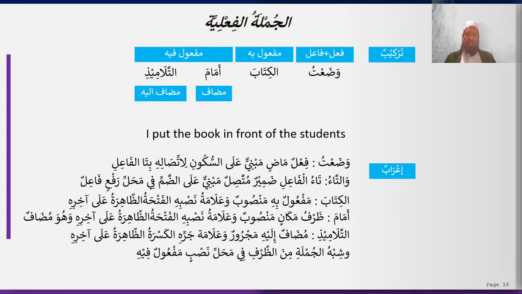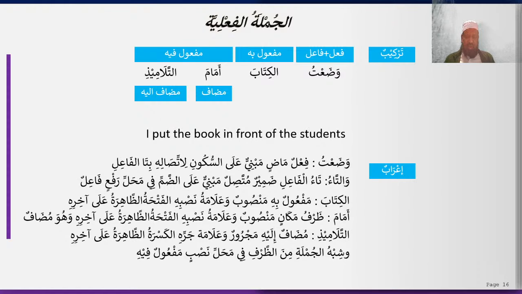So وضعت فعل ماض مبني على السكون لاتصاله بتاء الفاعل. والتاء تاء الفاعل ضمير متصل مبني على الضم في محل رفع فاعل. الكتابة مفعول به منصوب وعلامة نصب الفتحة الظاهرة على آخره. أمام ظرف مكان منصوب وعلامة نصب الفتحة الظاهرة على آخره وهو مضاف. التلاميذ مضاف إليه, it is مجرور because مضاف إليه is always مجرور.